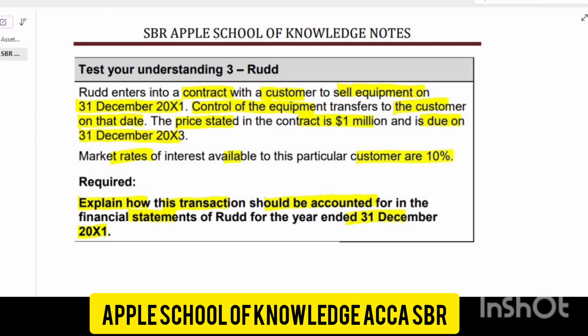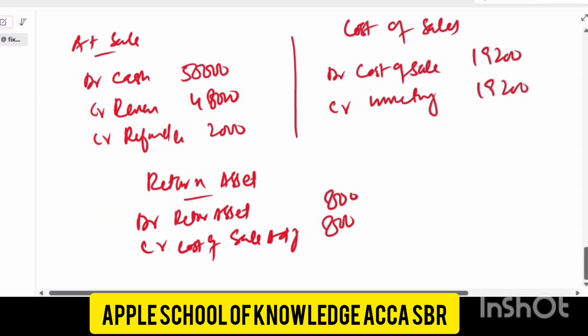Okay, so let me explain this here. What is the transaction date?